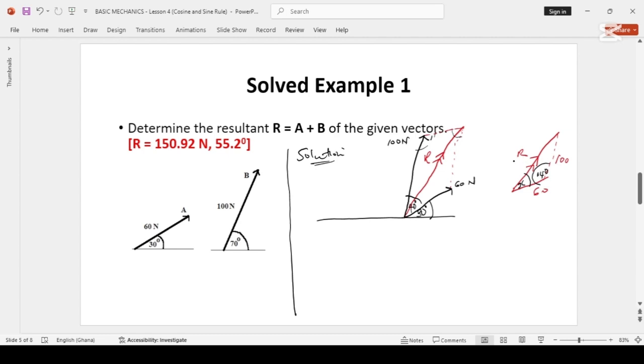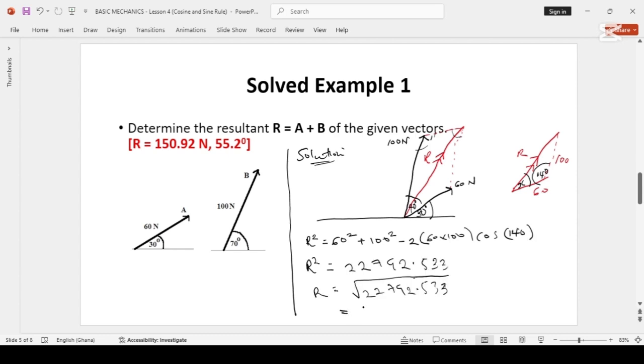Since we have been able to establish this, we can go ahead and find the resultant, which is R. Using the cosine rule, we know that R squared is equal to the other two sides of the triangle, which is 60 squared plus 100 squared minus 2 bracket 60 times 100 cos the angle opposite R, which is 140 degrees.